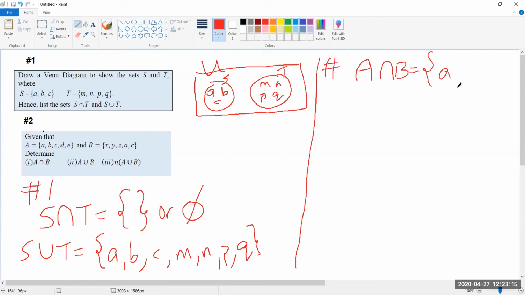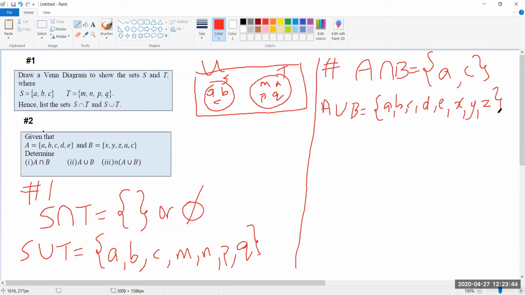So A and C. Then we have to find A union B. So A union B. That's how we combine everything. So we'll have A, B, C, D, E, then X, Y, Z, and we do not repeat the A and the C because we already have one.